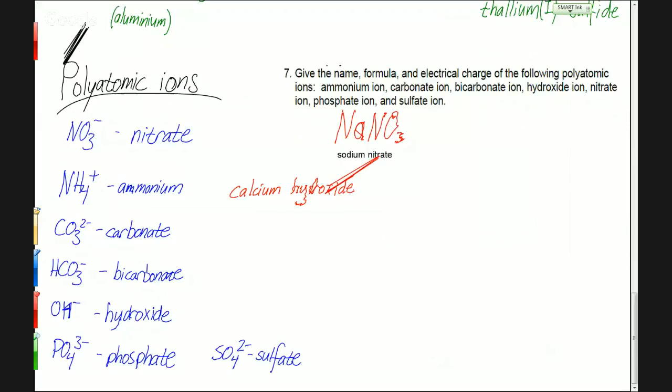Calcium hydroxide, K2CO3, NH4Cl, cobalt-3 phosphate.